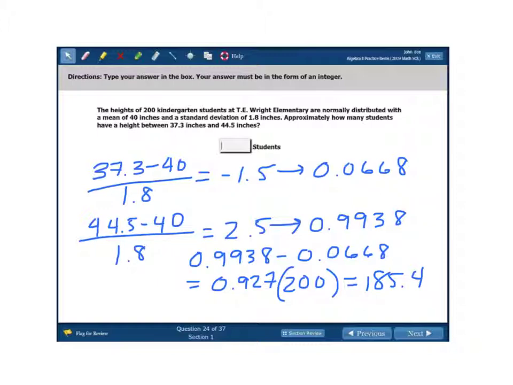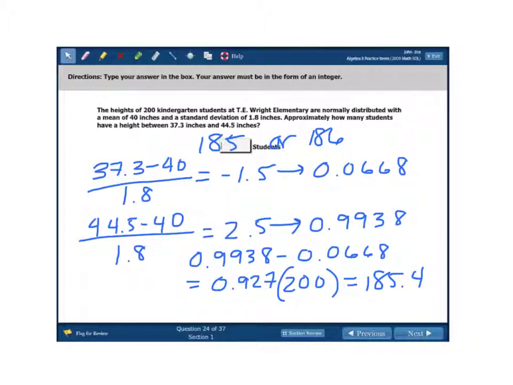The way it said on the practice guide, this one would accept 185 or 186. I'm assuming the 0.4 of a child either gets thrown away or turned into a whole child. Because why would you want 4/10 of a child? Which is getting really morbid, so I'm going to stop talking about that and move on.